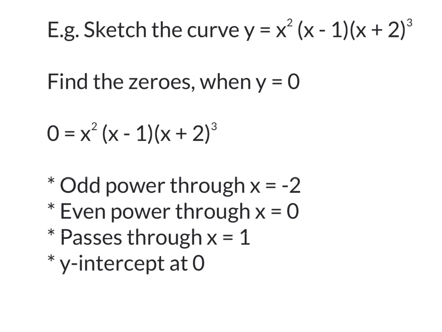You'll notice that x squared is an even power, so it's going to bounce off at x equals 0. And the (x minus 1) is just a normal line that passes through at x equals 1. And if you sub in x equals 0 in there, you get the y-intercept.